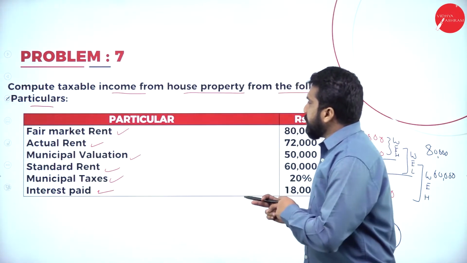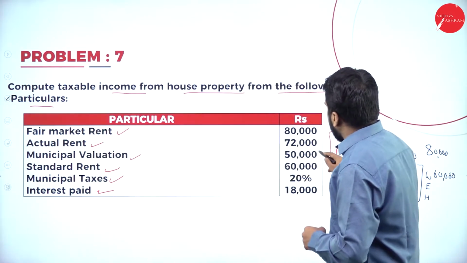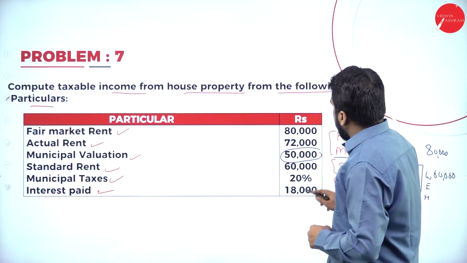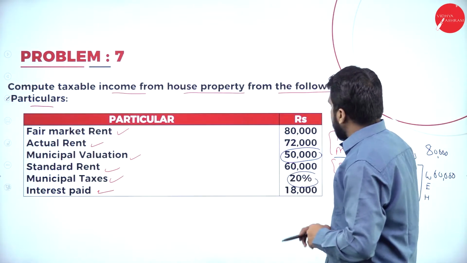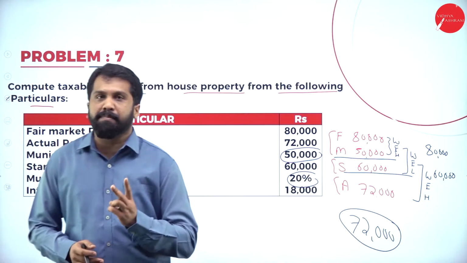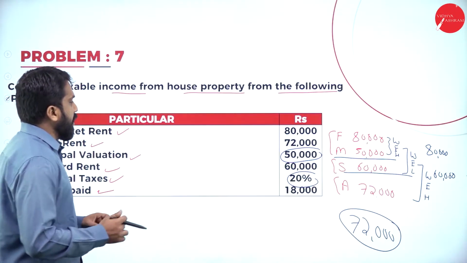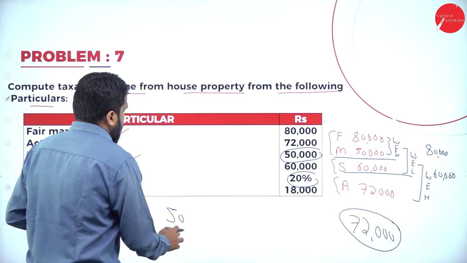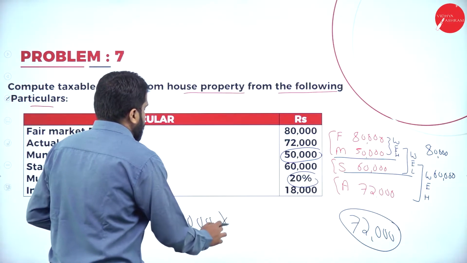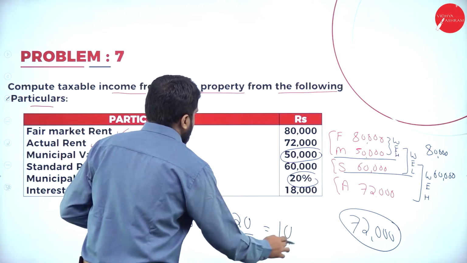Now, as per this, the municipal value is how much? Your municipal value is 50,000. What is the percentage? 20%. On 50,000, you're supposed to calculate 20%. 50,000 multiplied by 20%, you will get 10,000.